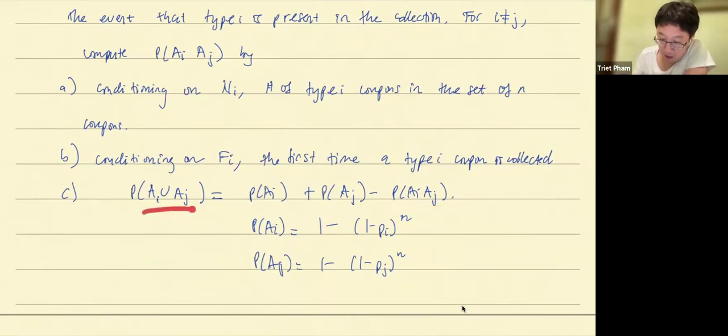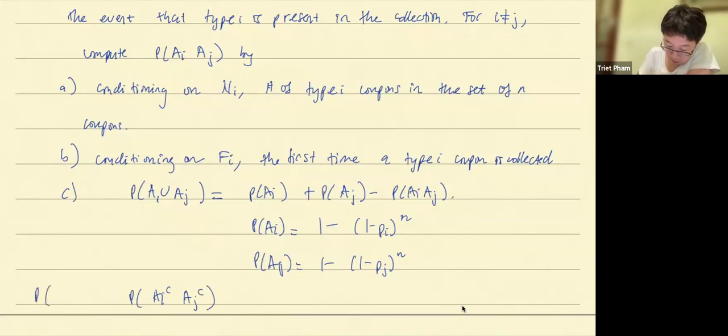But if you look at this one by itself, it doesn't seem easy. The probability that either coupon of type I or type J is present in the collection. But the point is that its complement is very easy to calculate.